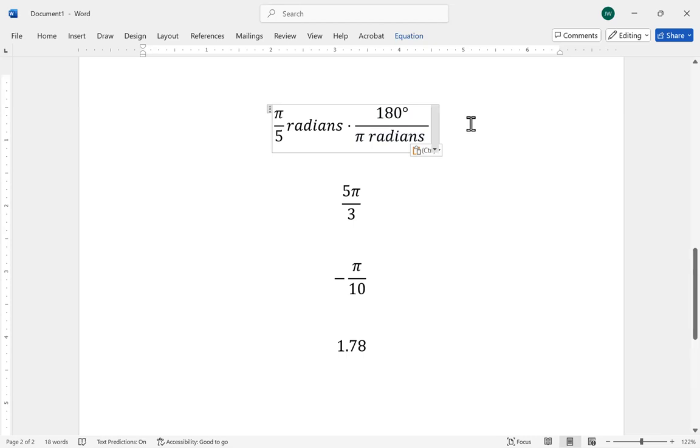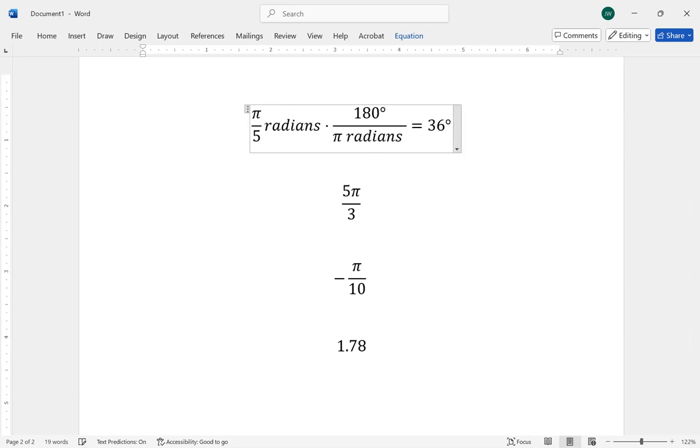If I do that, then interestingly enough, because we have pi here and pi here, the pi's will cancel each other out, and 180 divided by 5 becomes 36 degrees. So pi over 5 radians is actually the same as 36 degrees.